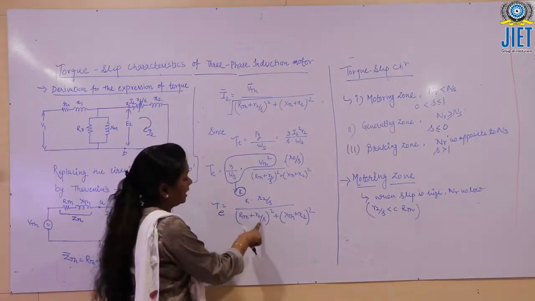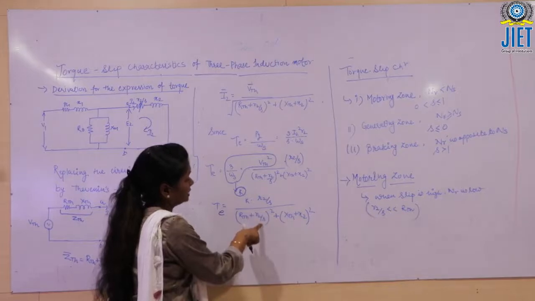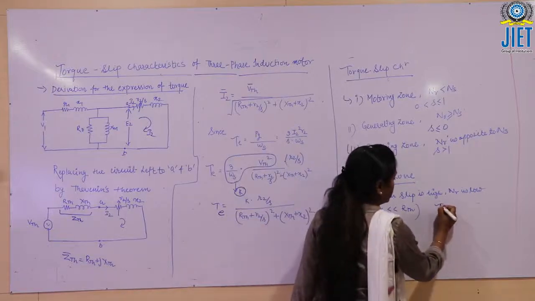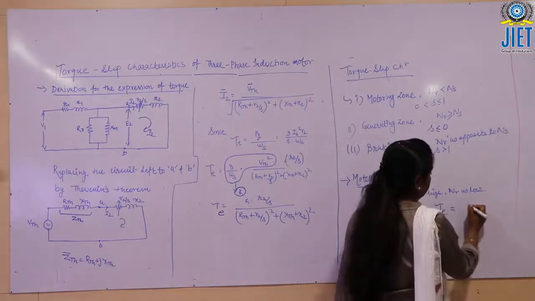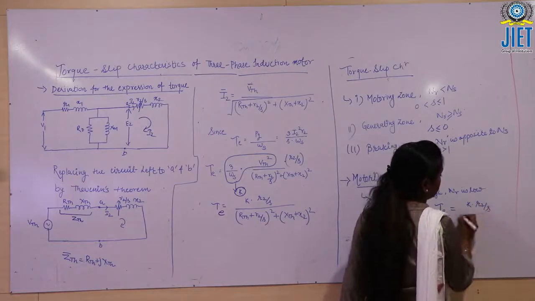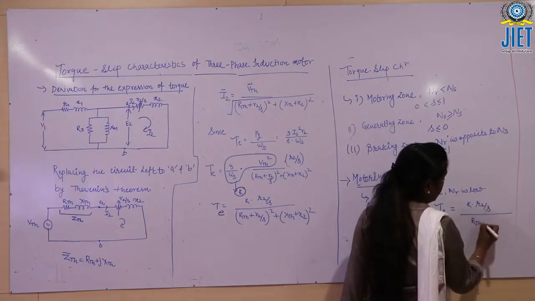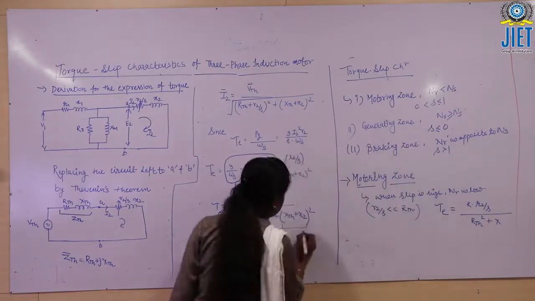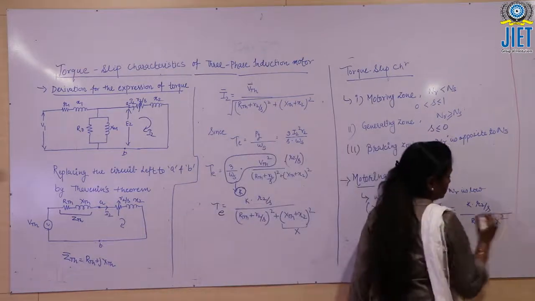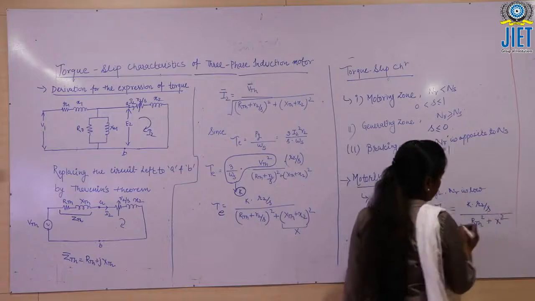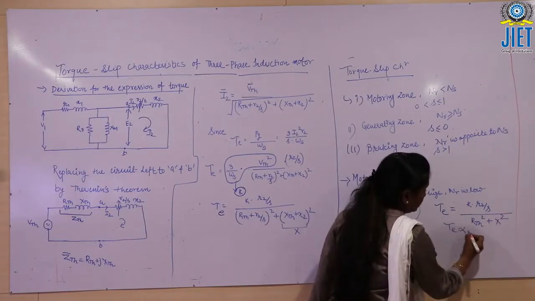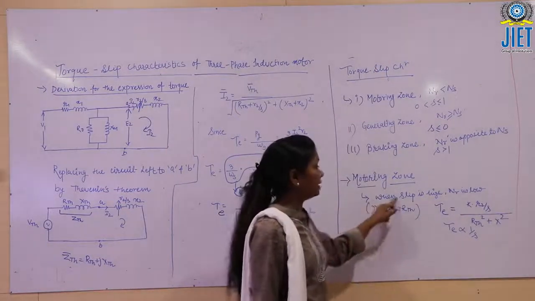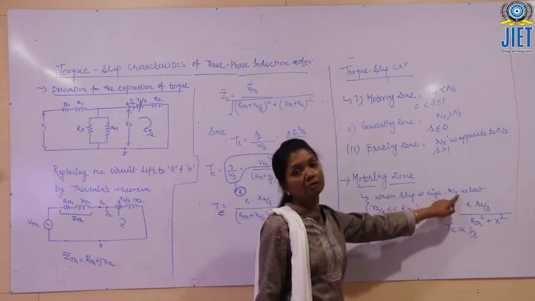So when it is added with the RTH, this quantity is insignificant, and we can just neglect it. Therefore the torque expression becomes K into R2 by S divided by RTH square plus X square, and therefore the torque is proportional to 1 upon S. This is when slip is high and the speed is low.